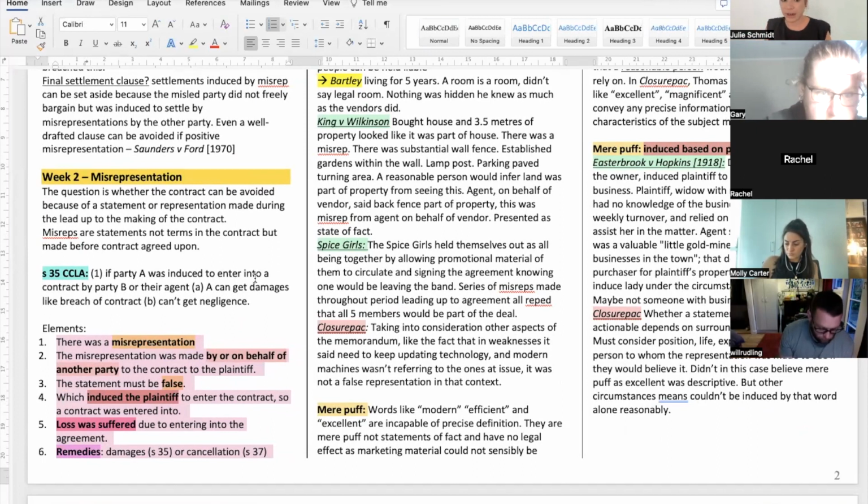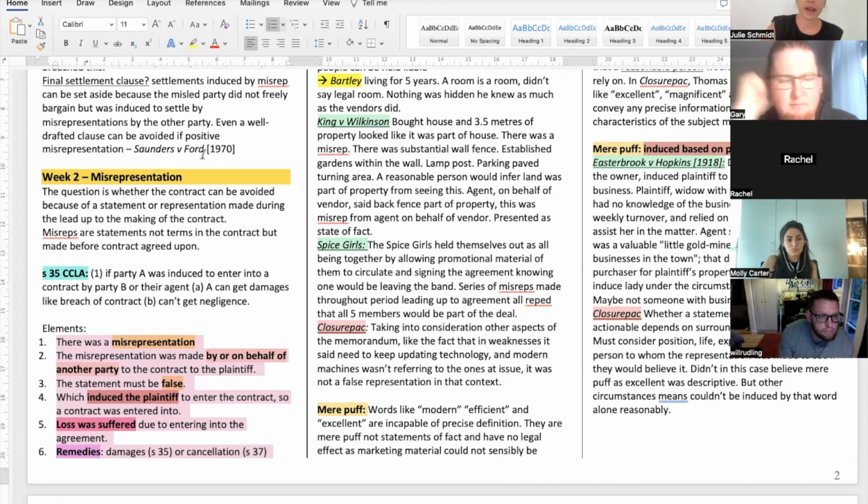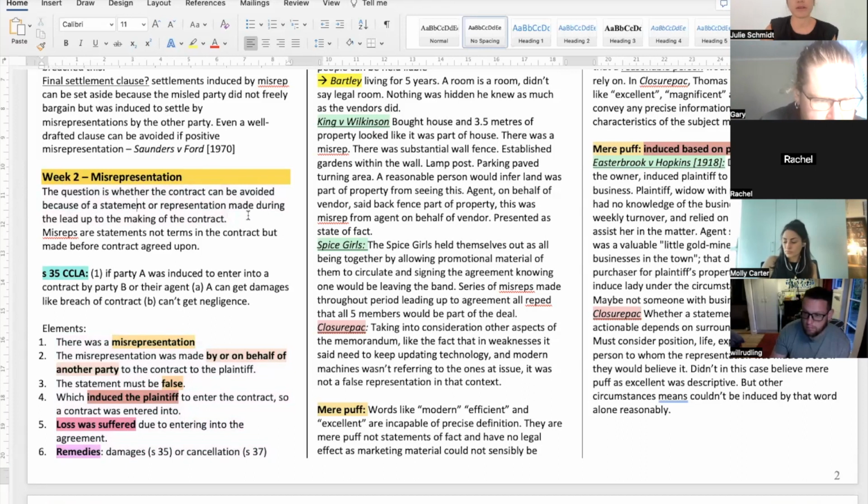So you want to get out of the contract or have some compensation, because you're like, hey, you told me this, that wasn't true, and I entered into that contract because of that thing you told me before we signed our deal or made the official deal. So the question is whether the contract can be avoided, or whether you can get damages because of a statement made leading up to the creation of the contract.